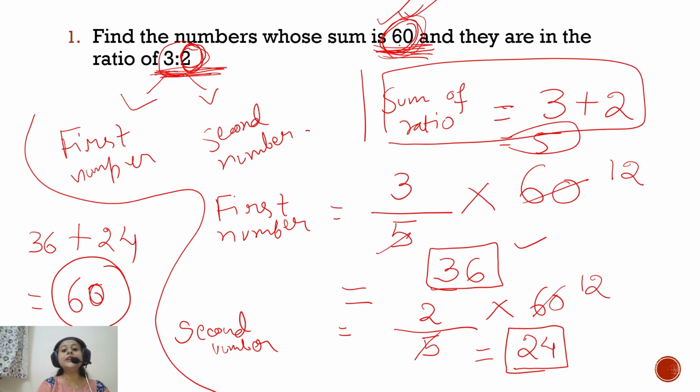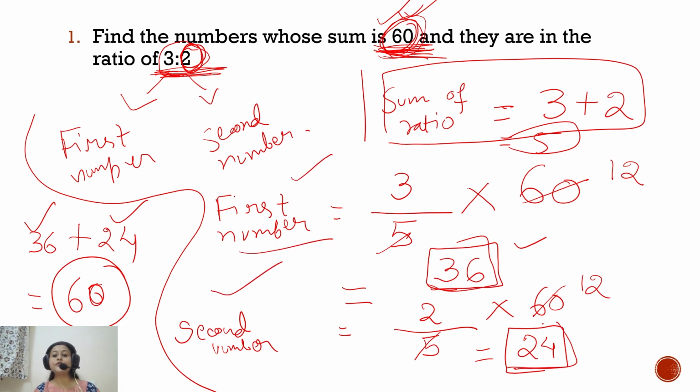When the total is given, when the sum of two variables or two quantities is given, and you don't know the actual quantity of the two parts, you only know the ratio, from the ratio you can calculate the individual parts. So here individually, the first number is 36 and the second number is 24.